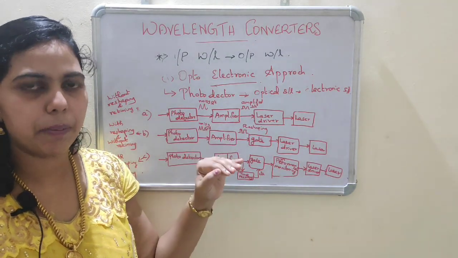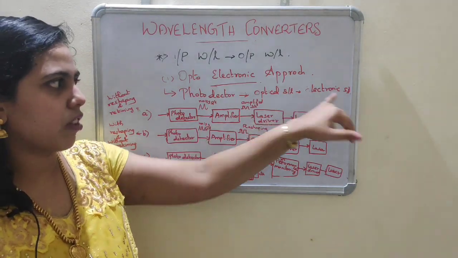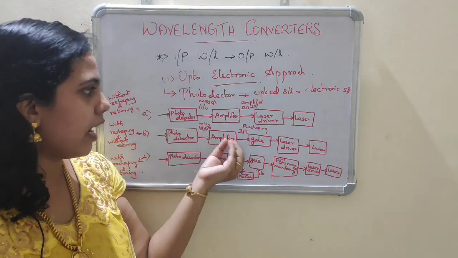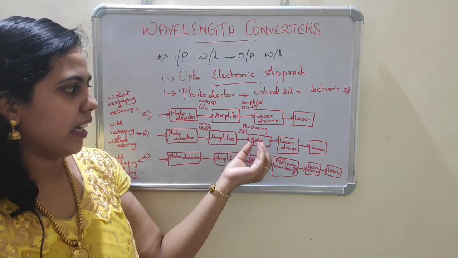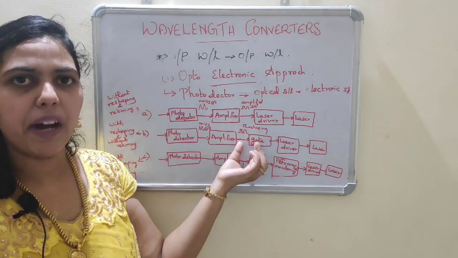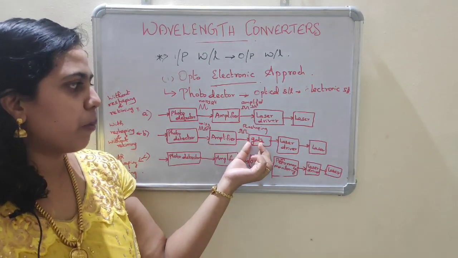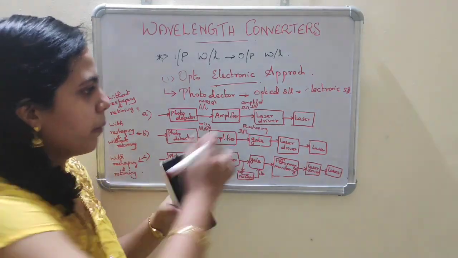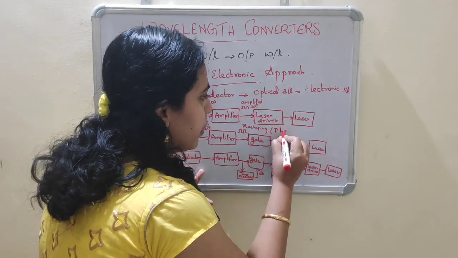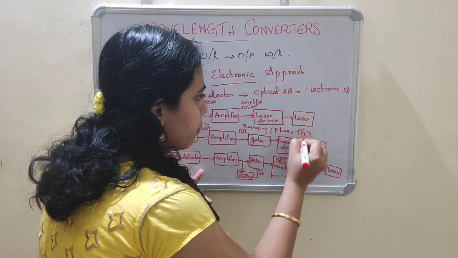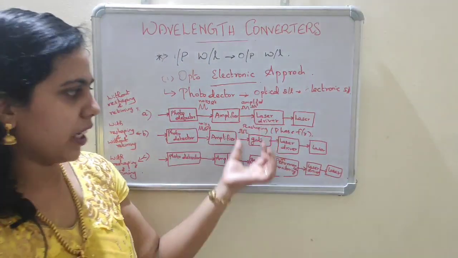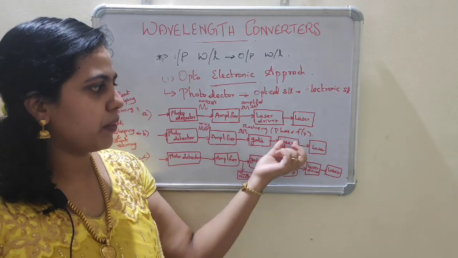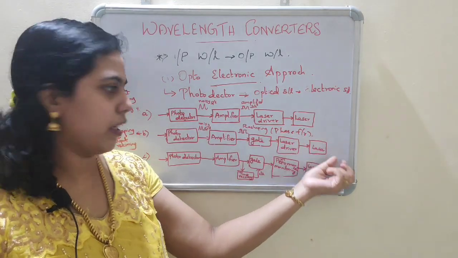Noisy signal will be present, and the amplifier amplifies it. Reshaping is performed by the gate, which acts as a phase filter. The gate passes the signal to the laser driver and the fixed output laser is obtained.